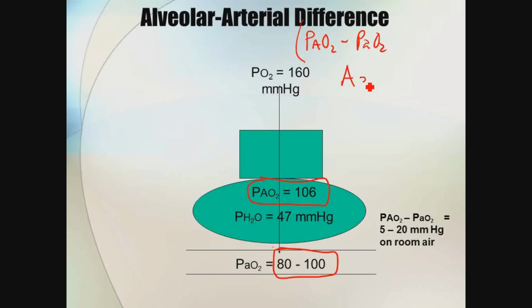And this is called alveolar arterial difference of oxygen, AADO2. You may also hear AA gradient. What's the push of that oxygen from alveolus to artery? Alveolar arterial difference in oxygen. The D stands for difference.